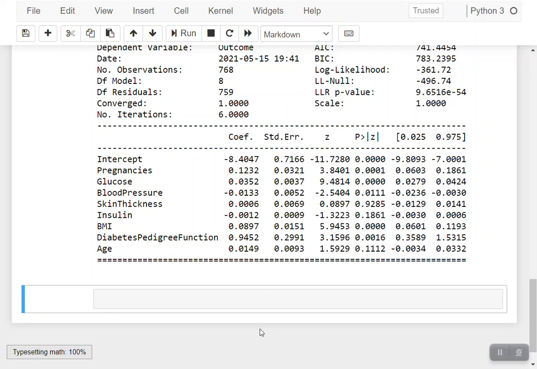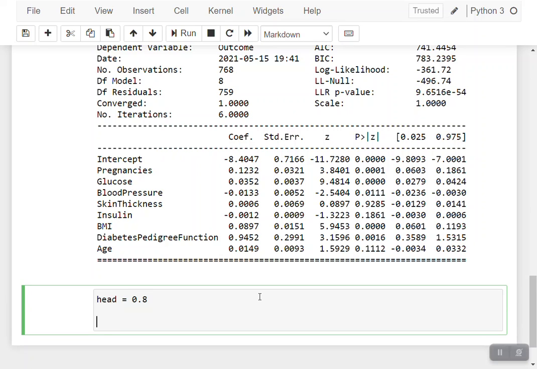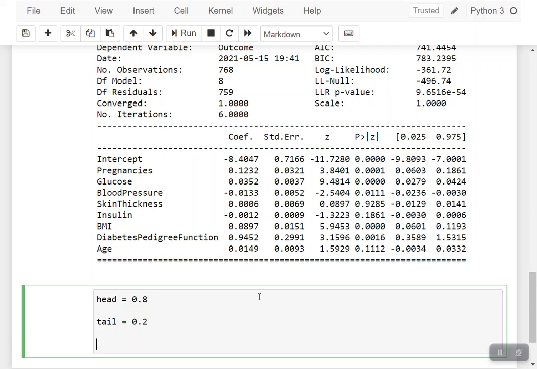Let's do head probability 0.8 and tail with a probability 0.2. In this case, the odds ratio of head is going to be 0.8 divided over 0.2, and that's going to be 4. It means that heads are 4 times more likely to occur compared to tail.